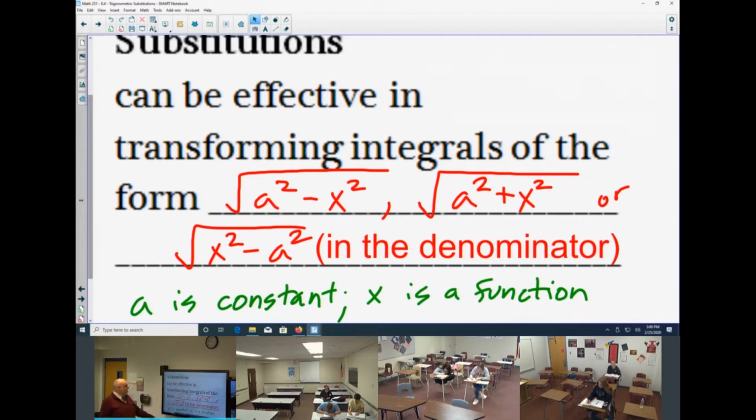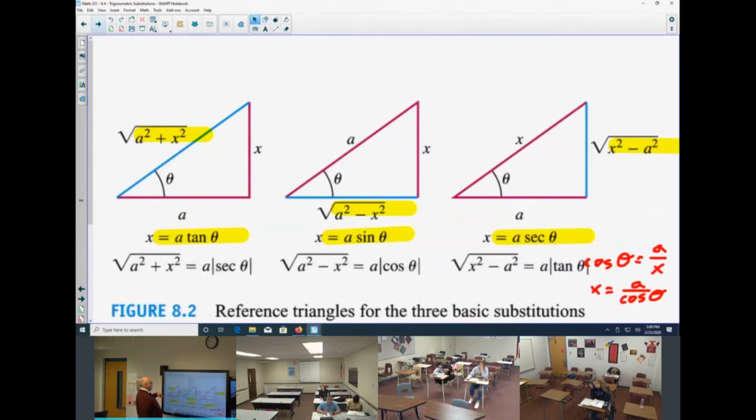Now, all of these are related to the Pythagorean theorem. That's how we get these. And so we're going to make triangles that are going to help us do that. These are the three triangles that we're going to use.